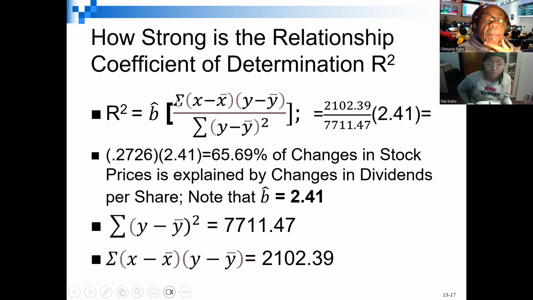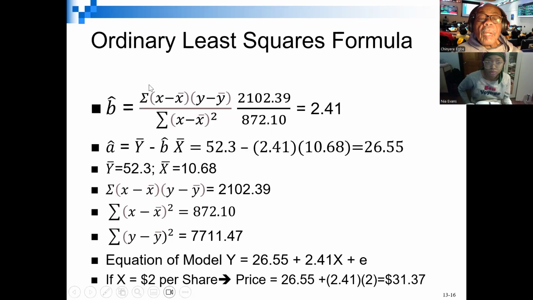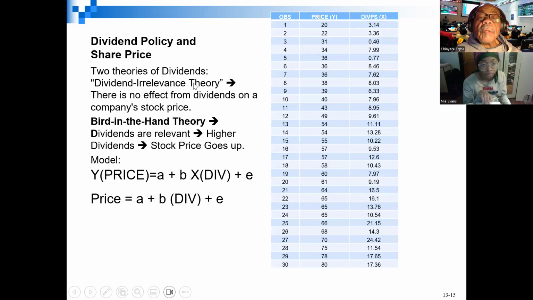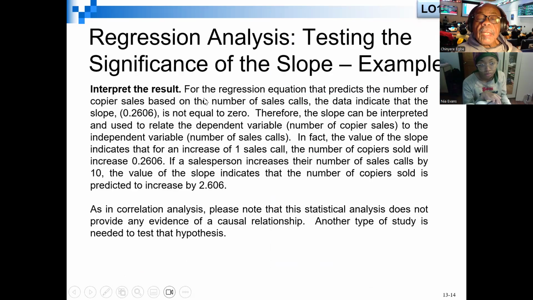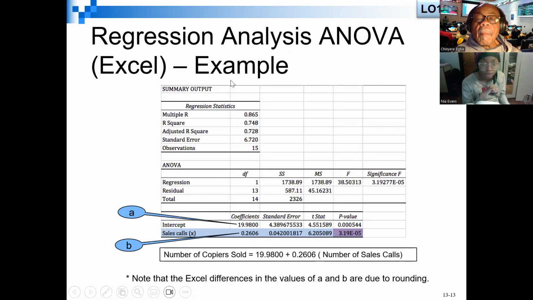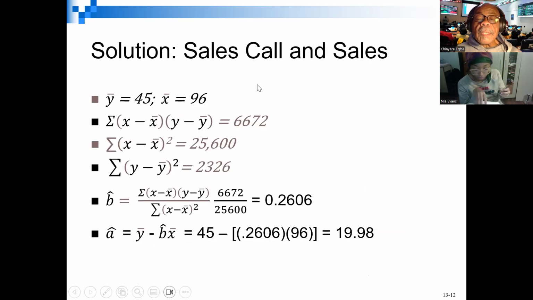Now, we said there are 2 things we do in regression analysis, actually 3 things. One is that we try to estimate what? The size of the relationship. Am I correct? Right. Okay. The size of the relationship, which is B hat.